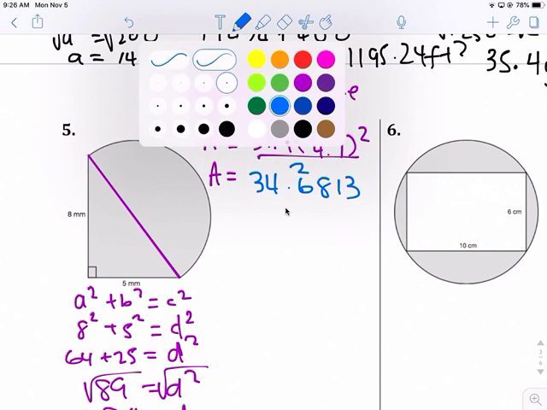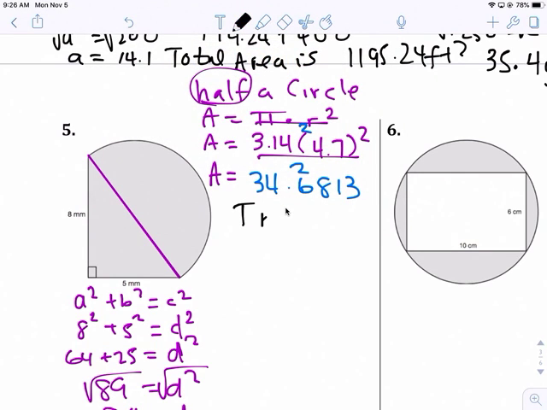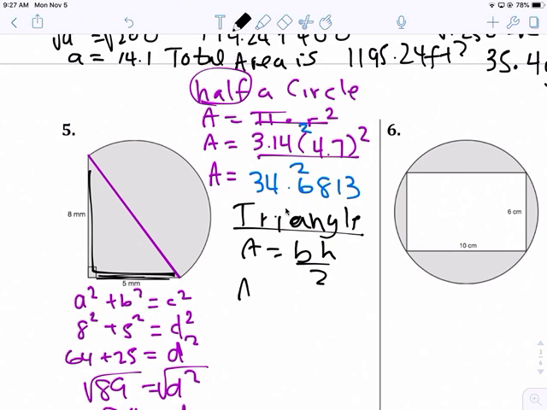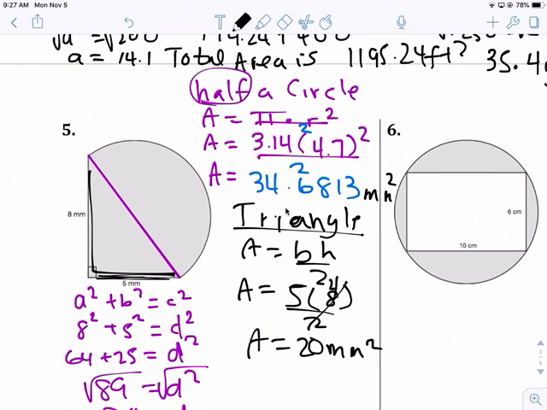Now area of the triangle, put triangle for me so I know which shape you're doing. This triangle here is the base, so area is the base times the height divided by 2. Always formula first. 5 times 8 divided by 2, that's 20, so area is 20 meters squared. Forgot meters. Forgot to put that in.